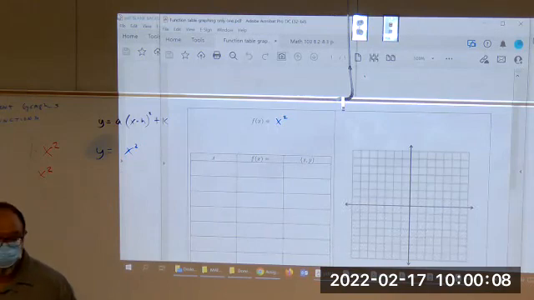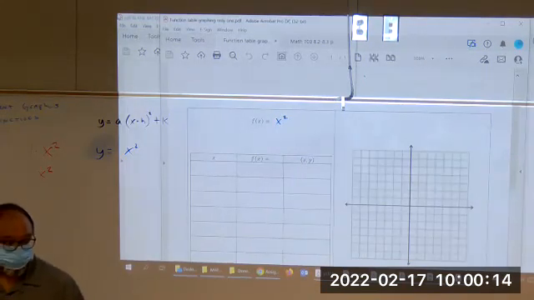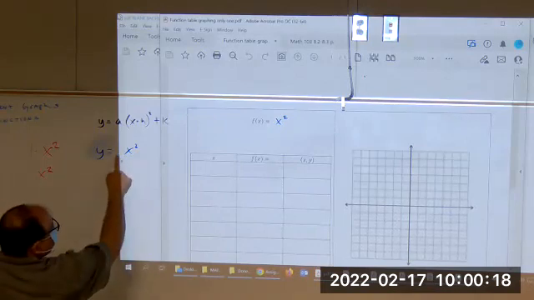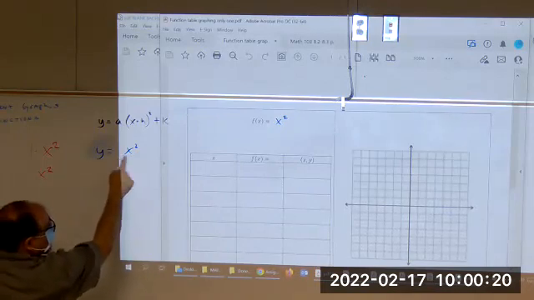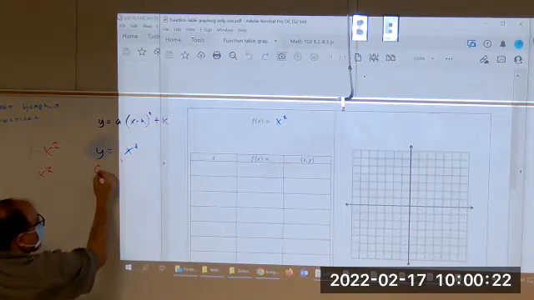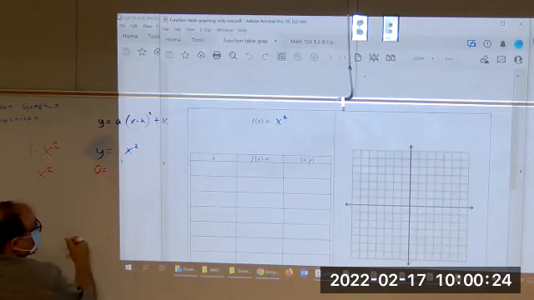We don't put the 1 because you've got to simplify. 1 times x squared is just x squared. So if you don't see something in front of the x squared, that means there's a 1 right there in front of it.